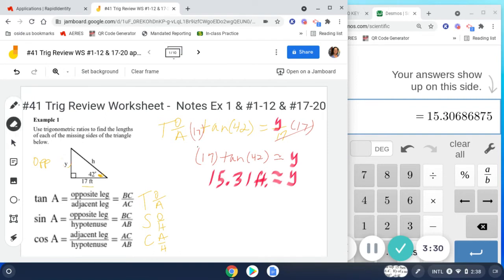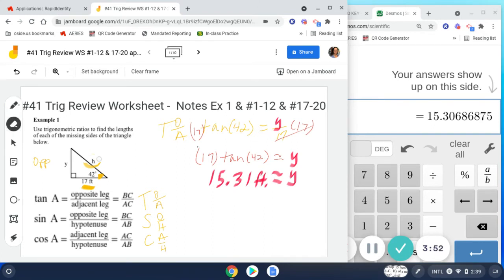Now we're also going to solve for the h next. So this h is a hypotenuse. We're still using the reference angle of 42. This time we're going to use this 17 as an adjacent leg to the 42, and the hypotenuse is what we're solving for.